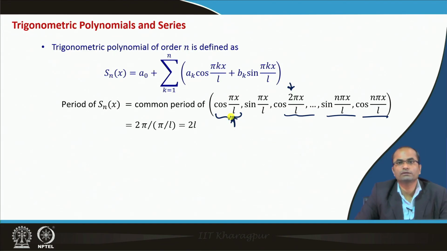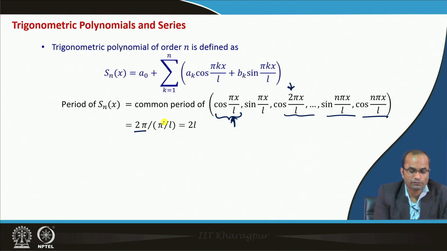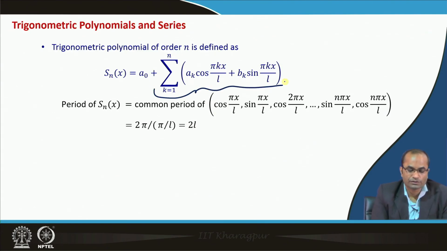That is going to be the common period. The common period will be 2π divided by the number π/L, so 2L. So for this trigonometric polynomial, which is just the addition of all these functions, the common period is 2L.